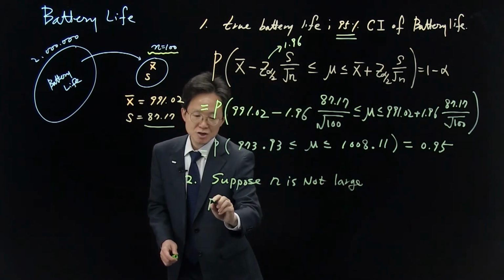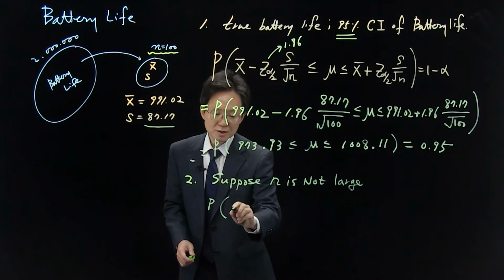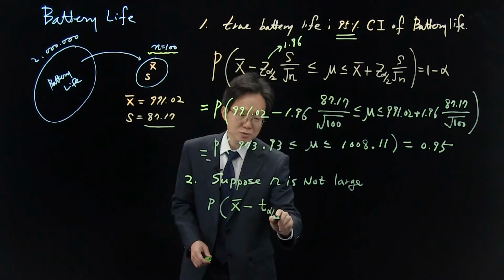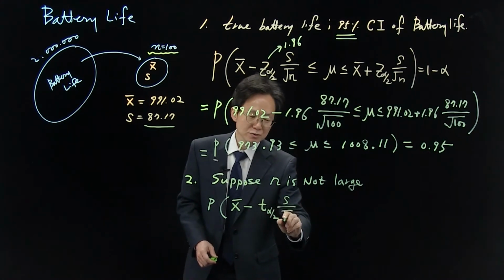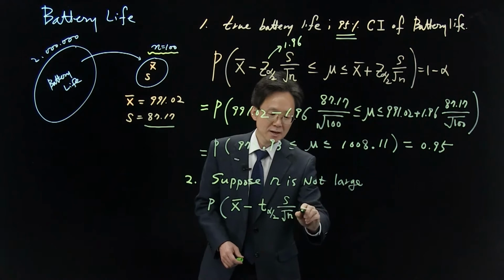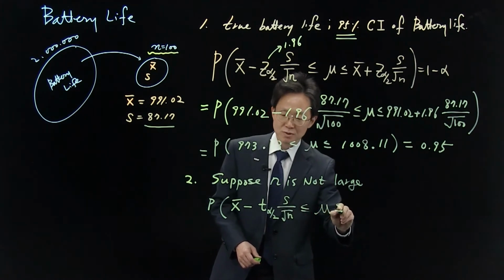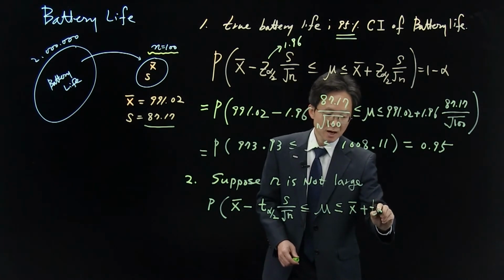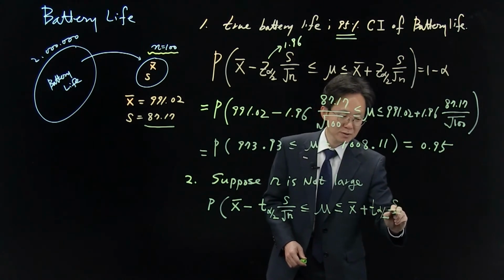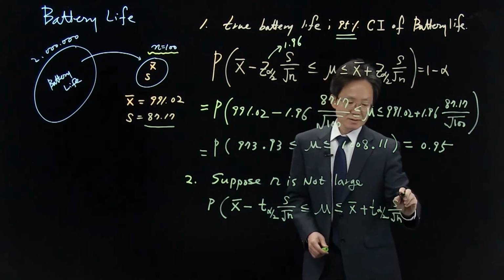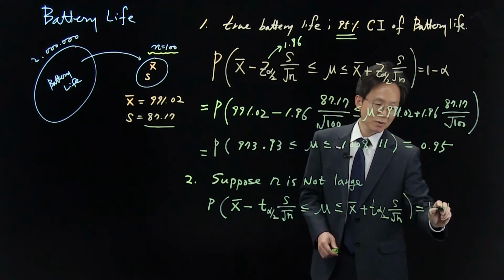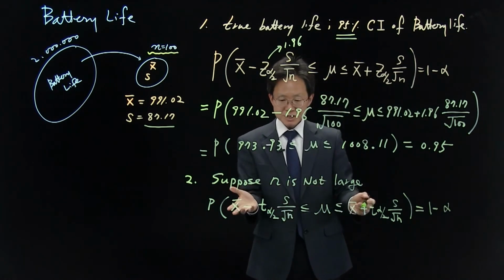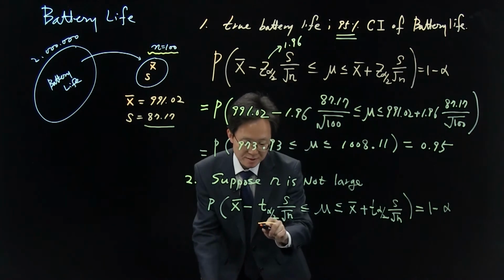Then we change the equation a little bit so that it becomes x bar minus t alpha over 2 s over root n, less than or equal to mu, and less than or equal to x bar plus t alpha over 2 s over root n, and then it's going to be 1 minus alpha. Okay, so everything is the same except for this.